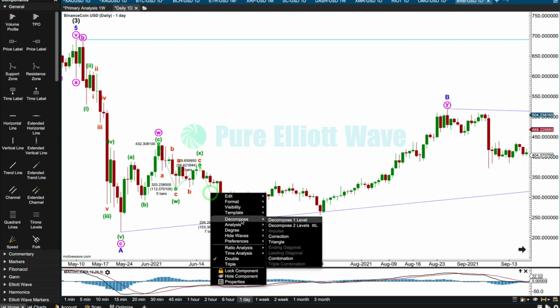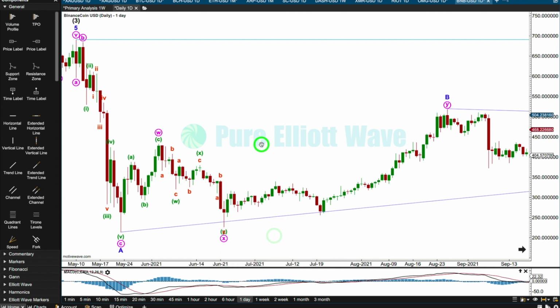I say it's possible because within a multiple there is a rule. The maximum number of corrective structures within a multiple is 3. That count of 3 applies to W, Y, and if there is one, Z. And so X waves can be any corrective structure, including a multiple, and if they are a multiple, that maximum number of 3 is not increased.